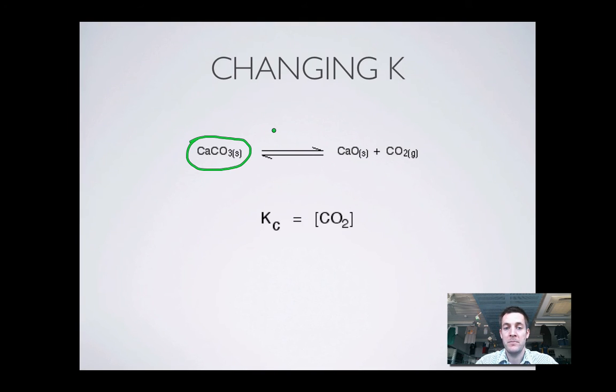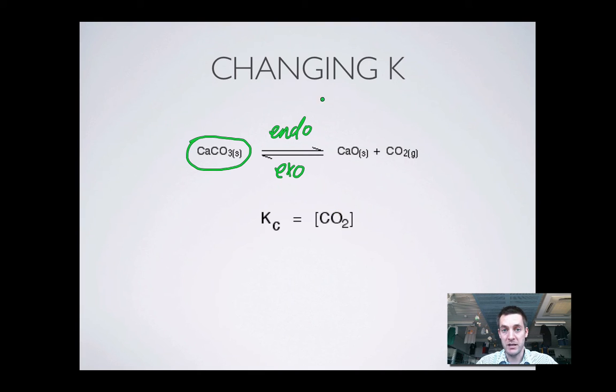However, this reaction here is endothermic, whereas this one is exothermic. So if I heat this reaction up, Le Chatelier's principle says that it will try to cool itself down. How will it do that? It will favour the forward reaction. That will produce more products, which means that the concentration of carbon dioxide will increase.